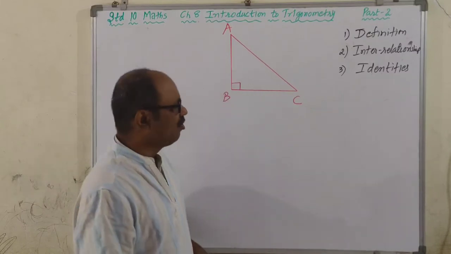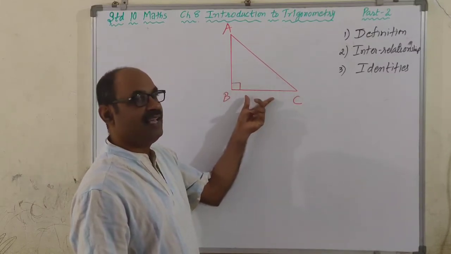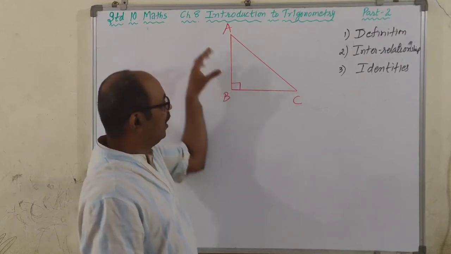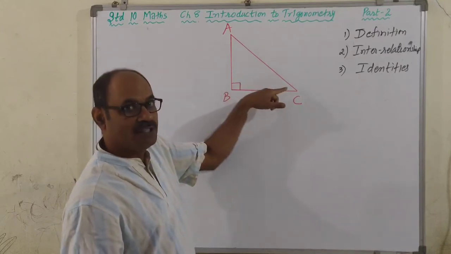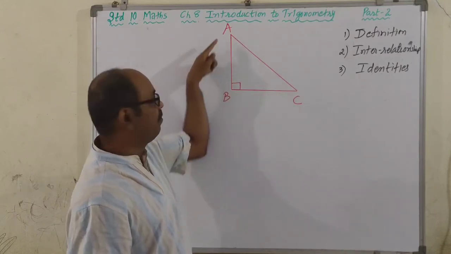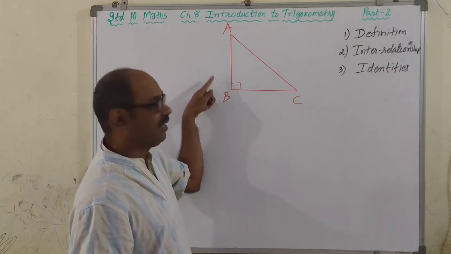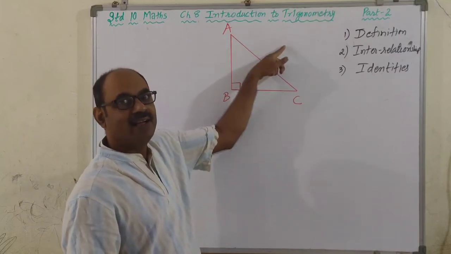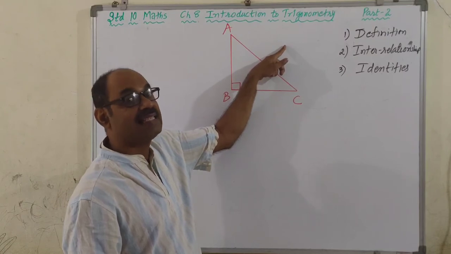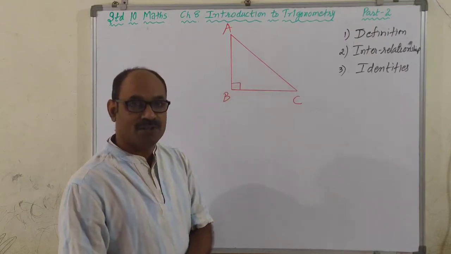Fine. Quite often we take BC as small a, AB, it is the side opposite to angle C. So the real number representing the length of line segment AB is c, and that of the hypotenuse is b, because it is opposite to angle B.